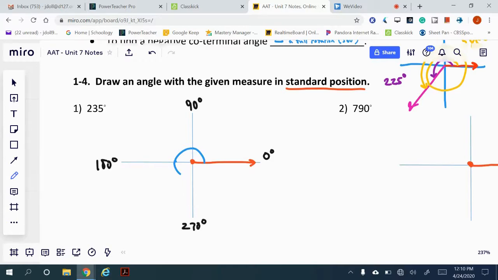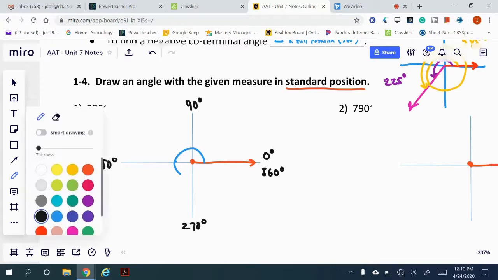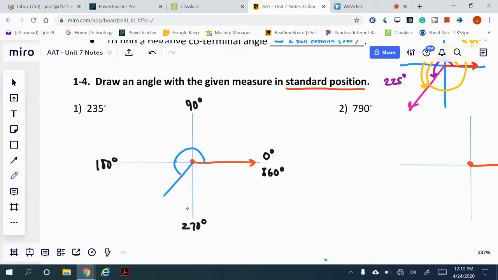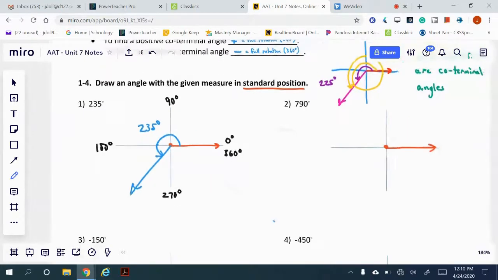That can be very helpful to know where you're at. Notice 0 and 360 are in the same place because you're back where you started. So we can see 235 is going to fall between 180 and 270. Maybe I should have started with this, right? And so that is telling me that somewhere between 180 and 270, I need to have a 235-degree angle. And there we go. We're done. We just drew an angle measure that is 235 degrees in standard position.